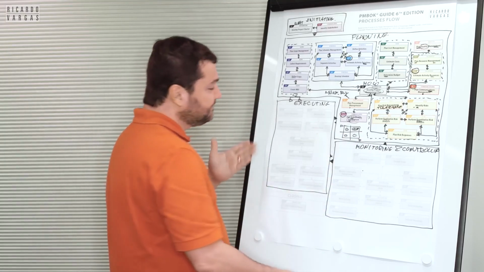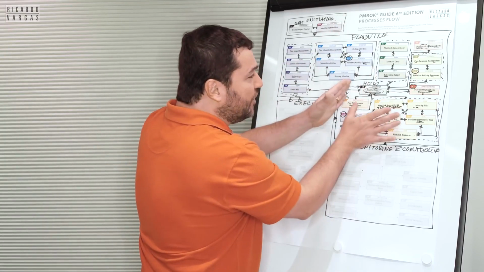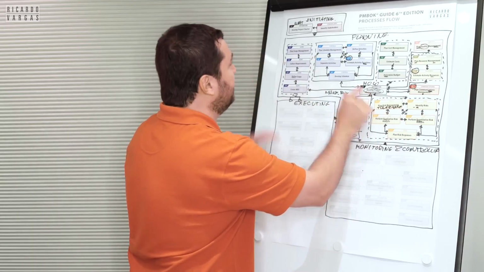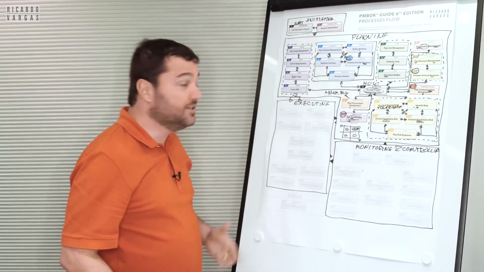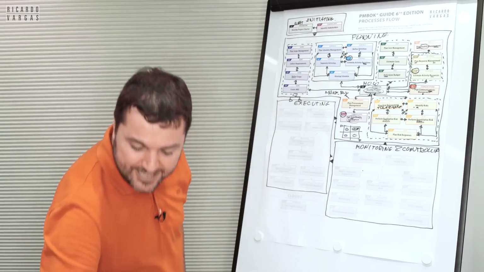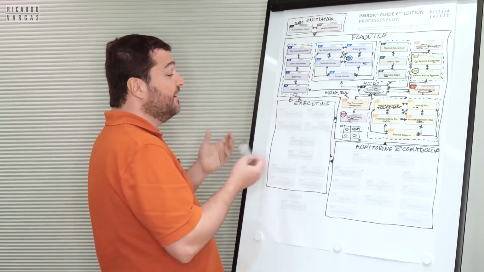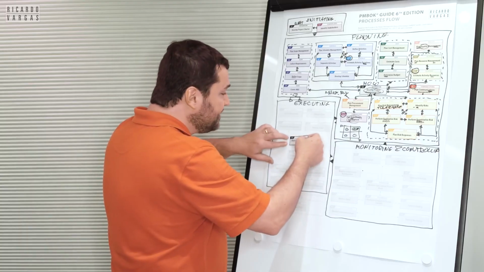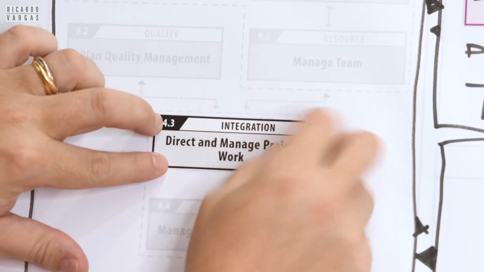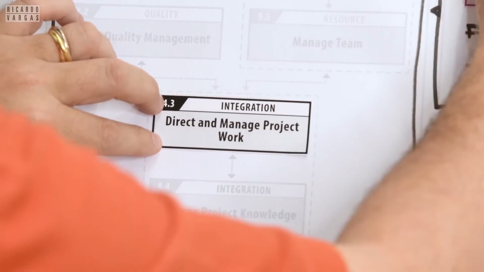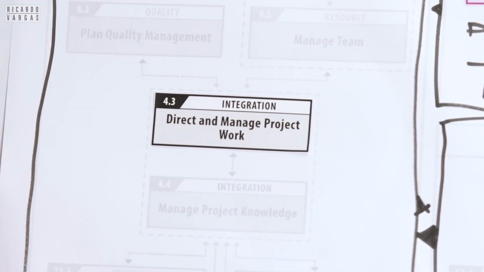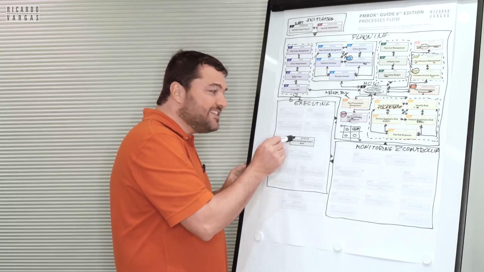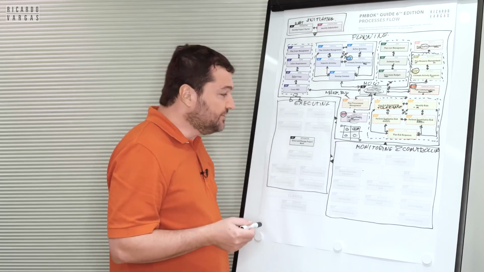And of course, the center of the planning was integration. The center of the initiation was integration. The center of the execution is exactly, one more time, integration. So the third integration process. The second was the plan. The third, direct and manage project work. What is important here? It's not saying executing the project. Why?